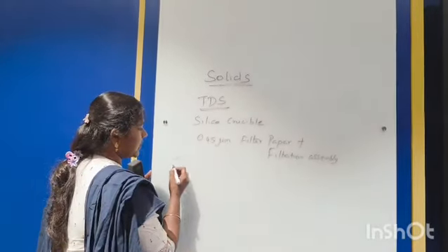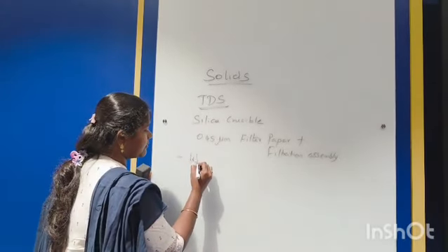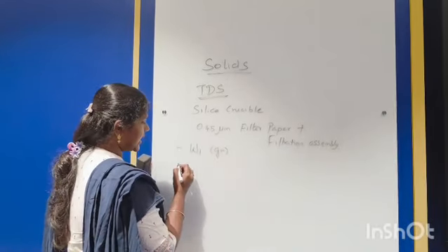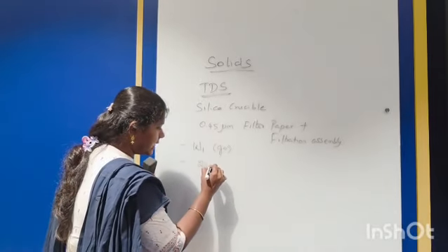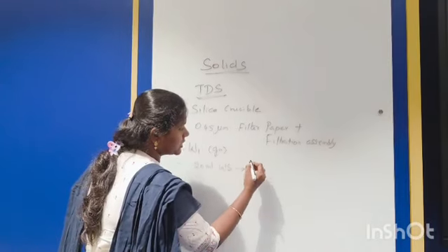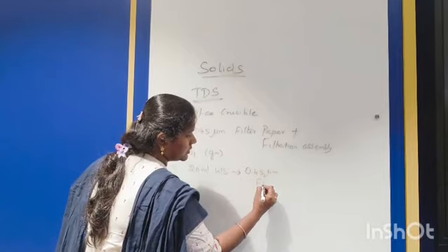In the same way, the procedure starts with the silica crucible. We take the empty weight, which will be considered as W1 in grams. As the next important step, we have to take 20 ml of water sample and filter it using 0.45 micrometer filter paper.